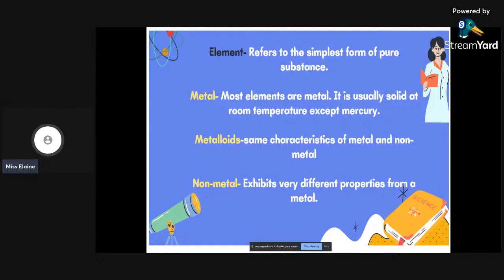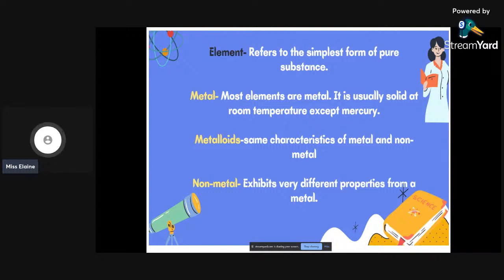Under elements, we have metal, metalloids, and non-metal. Most elements are metals. Metals are usually solid at room temperature, except mercury. Metalloids have characteristics of both metal and non-metal. We don't have a standard definition of metalloids, but it is said that they are a mixture of metal and non-metal.